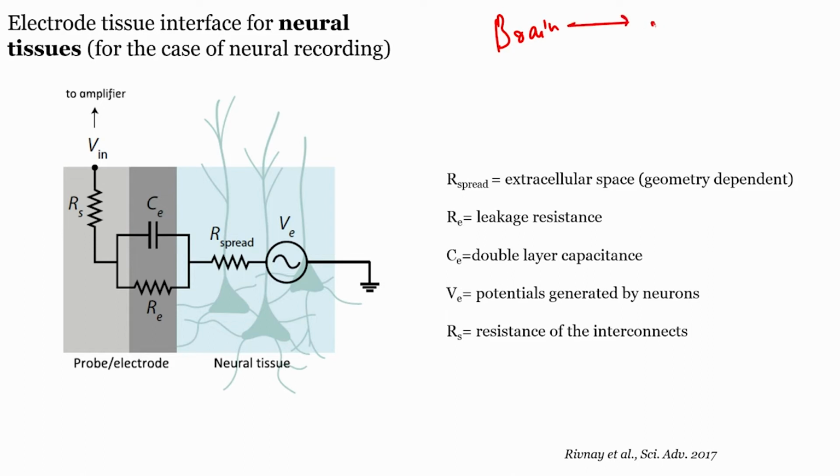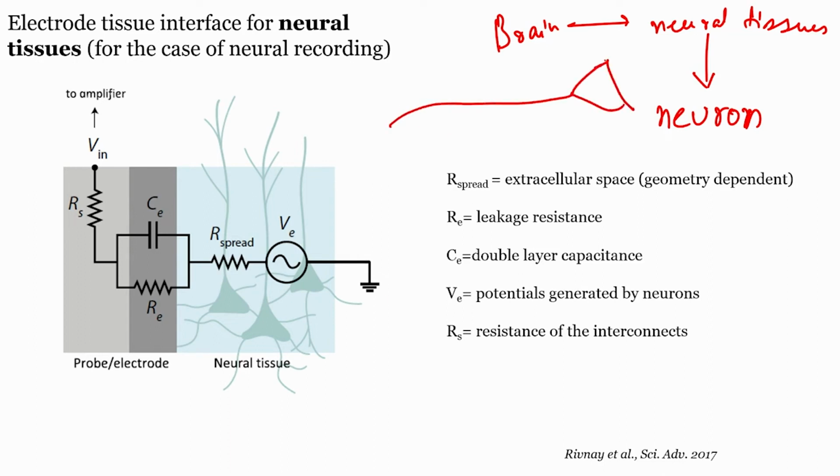The tissues associated with the brain are neural tissues, and the simplest unit of neural tissue is the neuron. This is an example of a neuron.